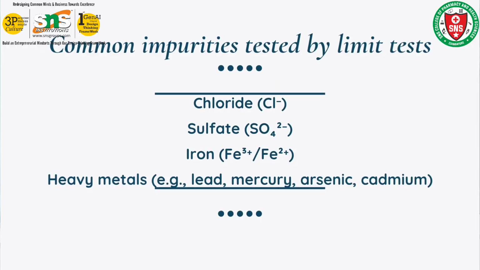The impurities that may be present in our pharmaceutical products and are found causing ill effects to our body are fluoride, sulfate, iron, and heavy metals such as lead, arsenic, chromium, and mercury. When present in large amounts, they may cause ill effects because whatever is taken inside our body has to be eliminated after some time.